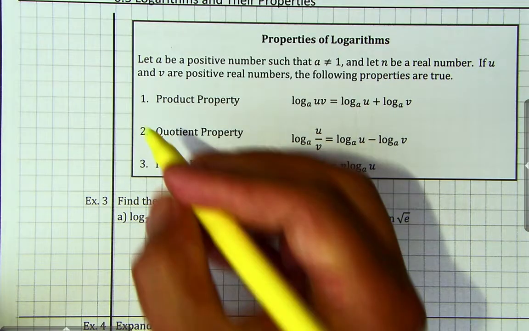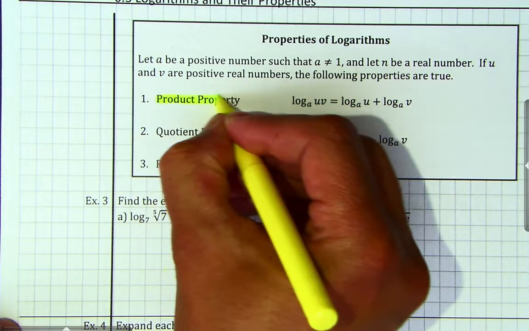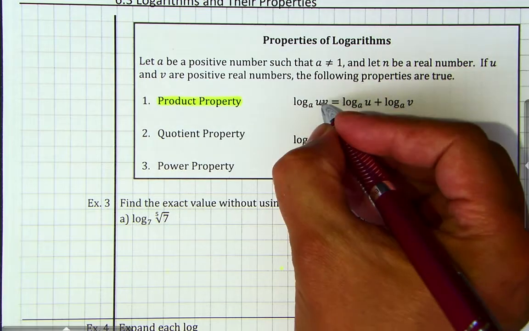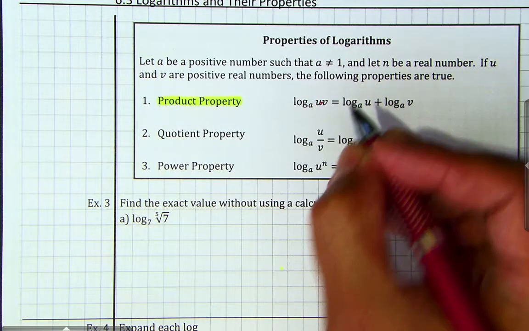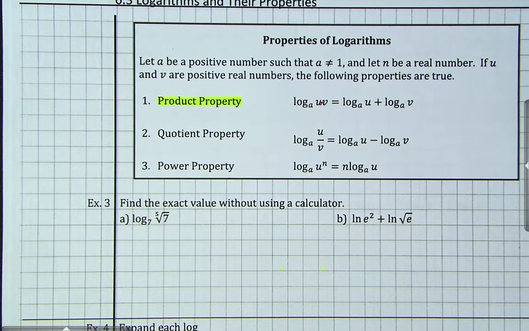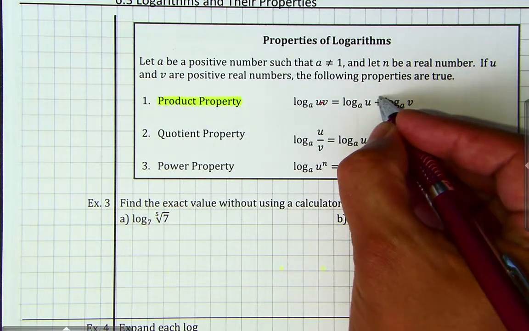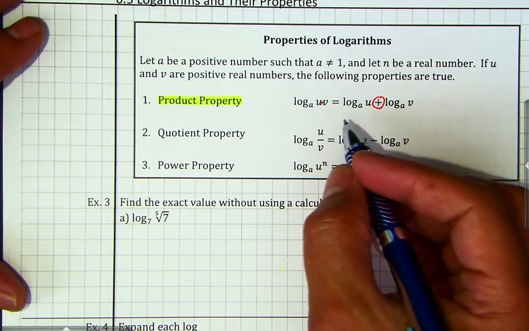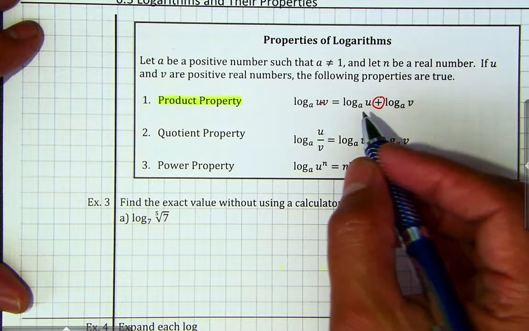We have the product property. That means that if there's a log that has 2 components that are multiplying, then you're going to change to an addition. Now remember the logs, it's another way of writing exponents.